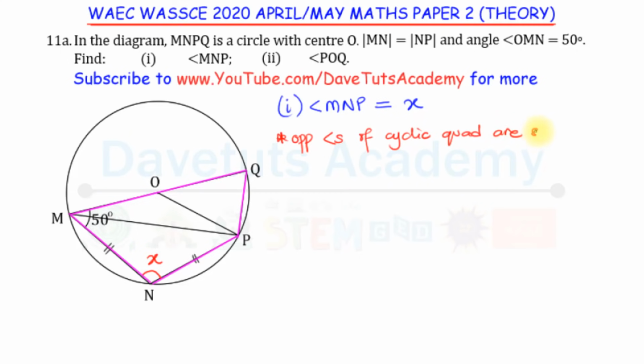I'm just writing this in short notes. I know you'll be able to follow through. So if you are to apply this particular theorem, how do we go about applying it in this particular case? We need to identify the opposite angles of this cyclic quadrilateral. It has 4 sides, 1, 2, 3, 4. So what is the side facing this particular 50 degrees angle? It is this particular angle.